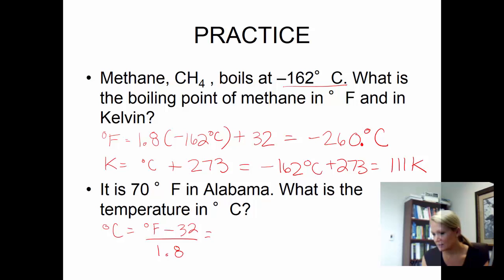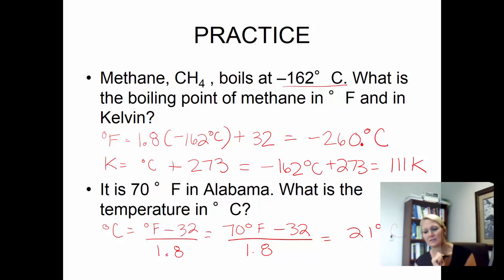So if it's 70 degrees Fahrenheit, I get 21 degrees C. If it's 70s in Alabama and I wanted to convert that to degrees C, that would be 21 degrees.